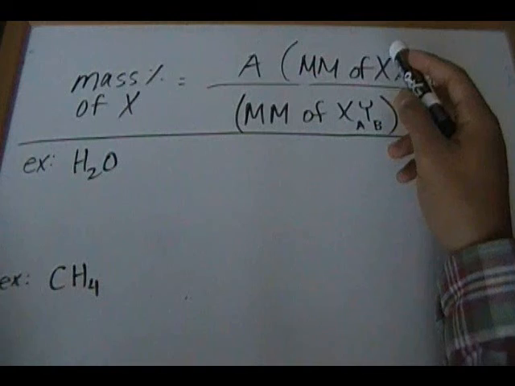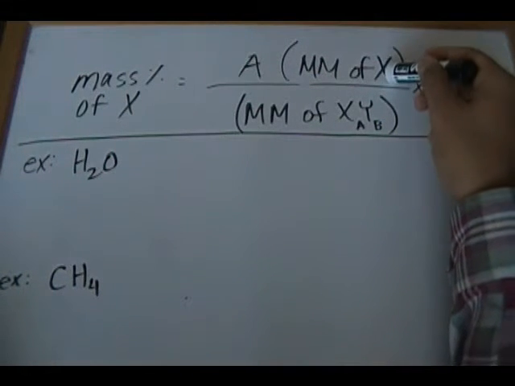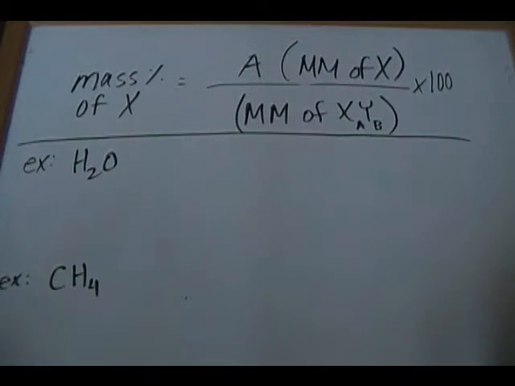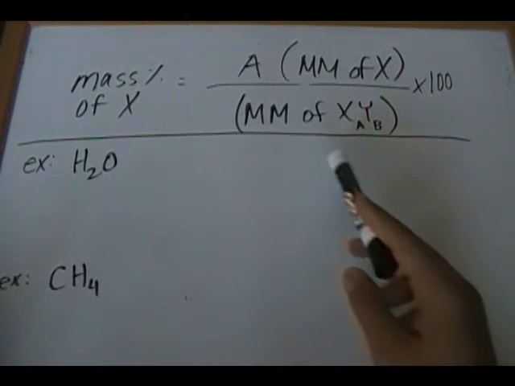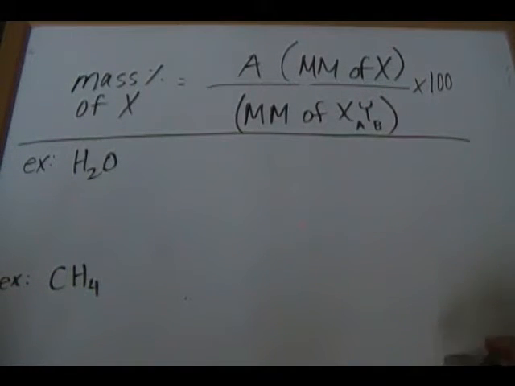And again, the molar mass of that specific element or atom will be easy. You can spot that on the periodic table. And the molar mass of the molecule is pretty straightforward. It's a very simple way of calculating that, and we can go over that in a little bit when we go through an example.